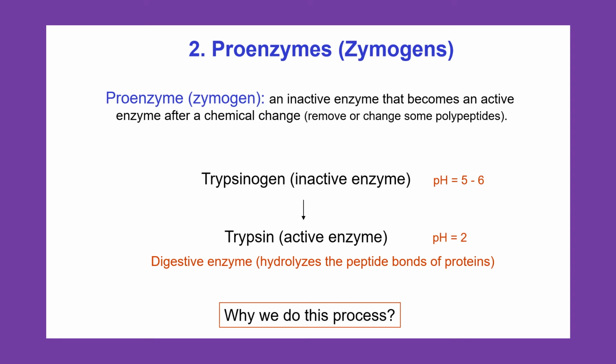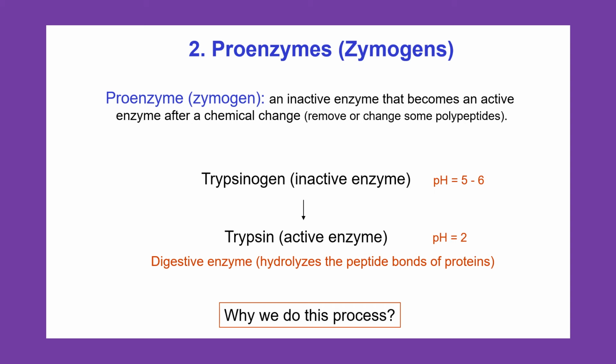Some enzymes are manufactured by the body in an inactive form. To make them active, a small part of their polypeptide chain must be removed. These inactive forms of enzymes are called proenzymes or zymogens. After the excess polypeptide chain is removed, the enzyme becomes active.